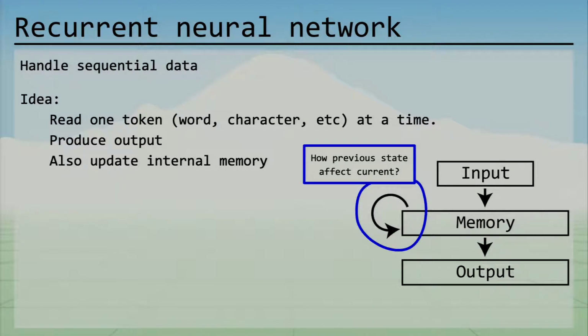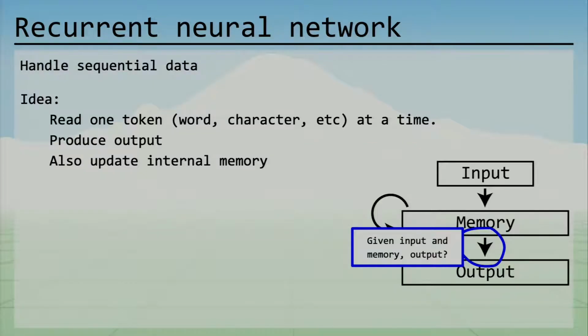And also how should the previous state affect what our current memory state is? What kind of processing should we do from the previous state to get to our current state? How do we combine those two factors together to produce some current state? And also, given our input and our current memory state or internal state, how are we going to produce some output for a particular iteration or round through this network?